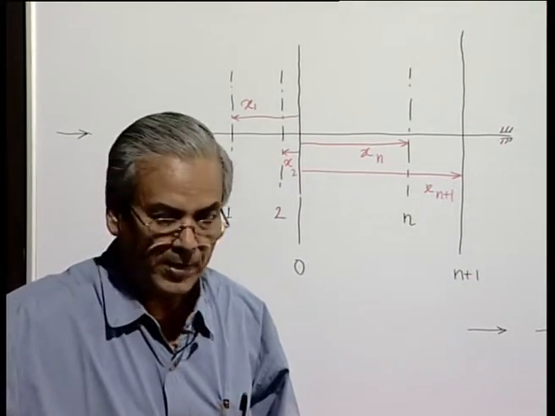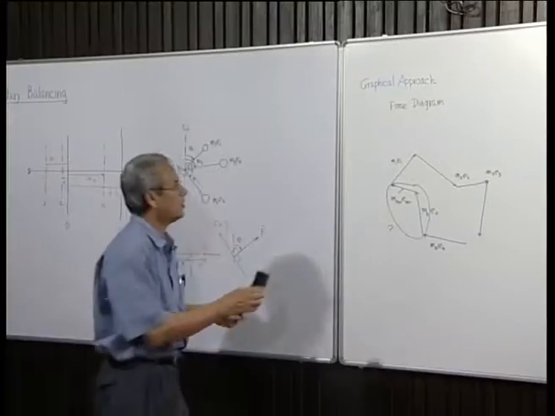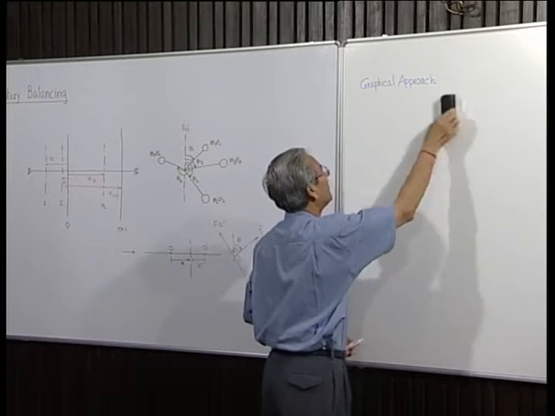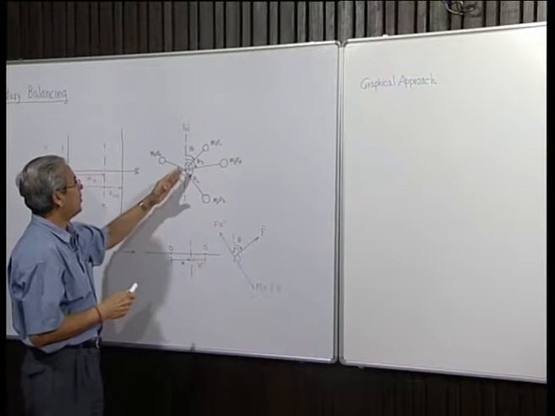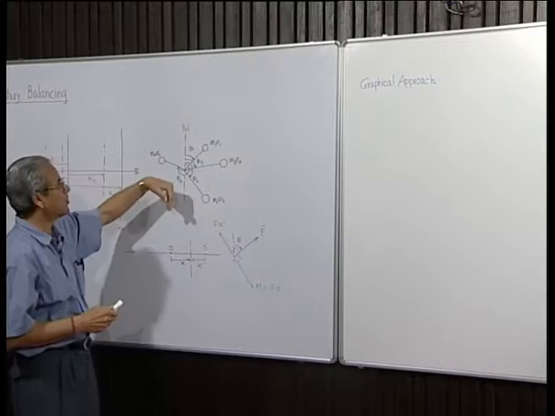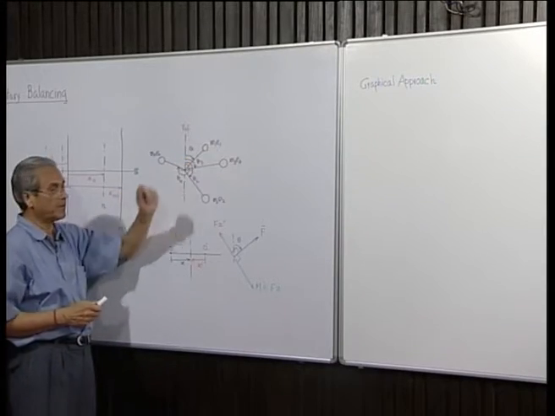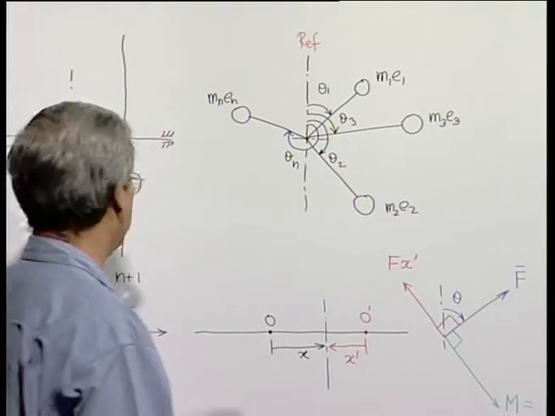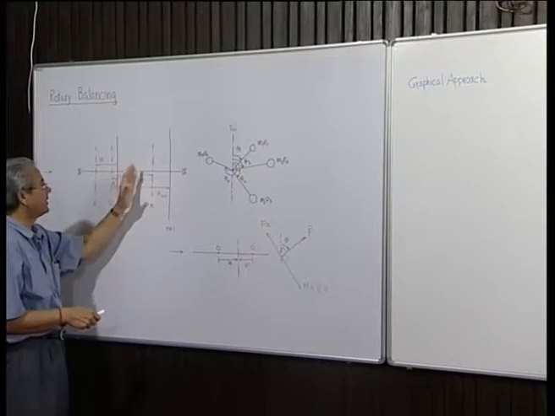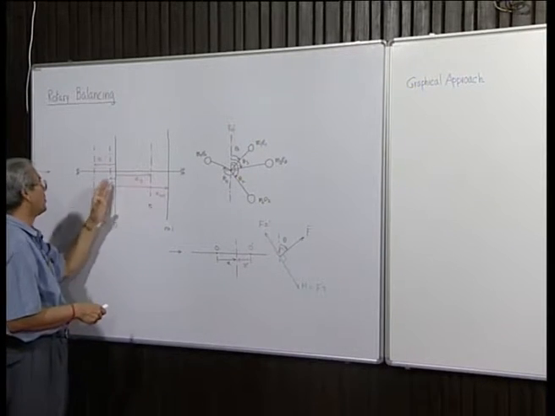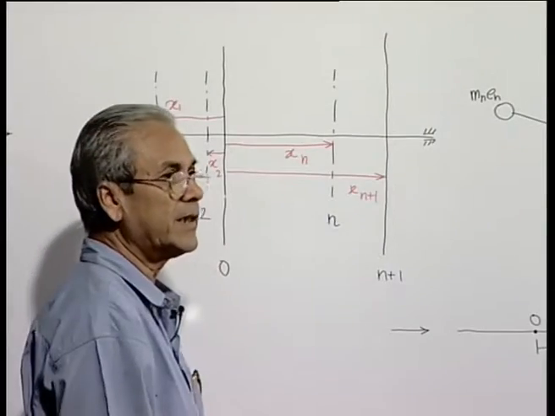So, therefore, first what we will do, we will draw the moment vector diagram. Now, you can see one thing, that all the moment vectors are going to be either leading the corresponding force vector by 90 degrees, or lagging the corresponding force vector by 90 degrees, depending on whether the plane where the force is being generated is on the right hand side, that is x is positive, or on the left hand side, that means x is negative.